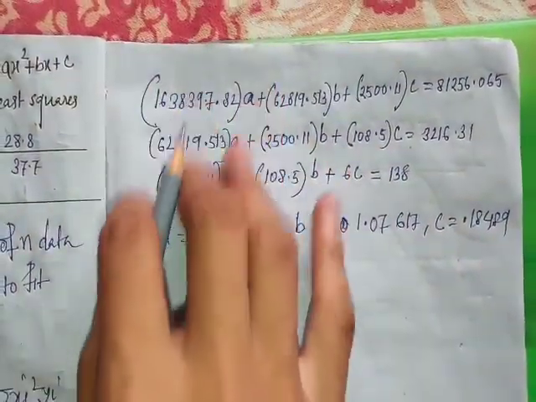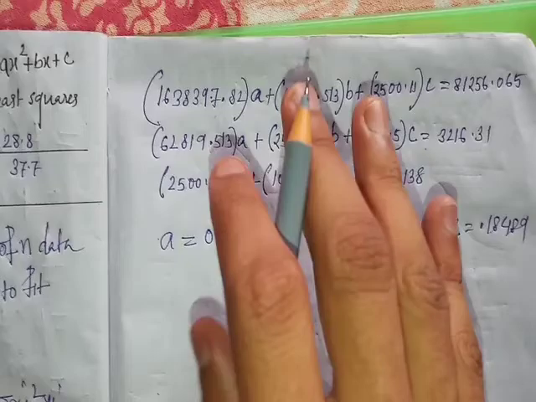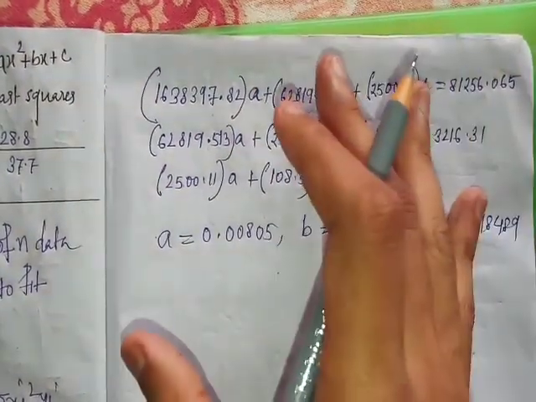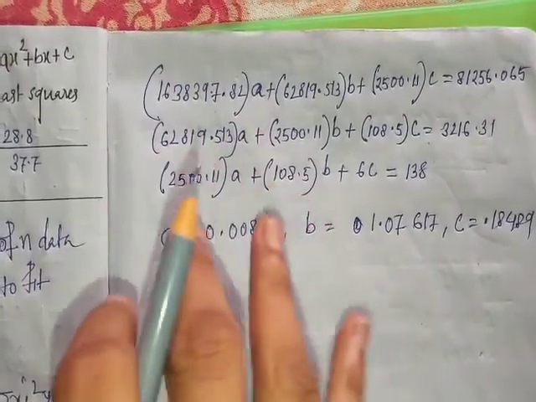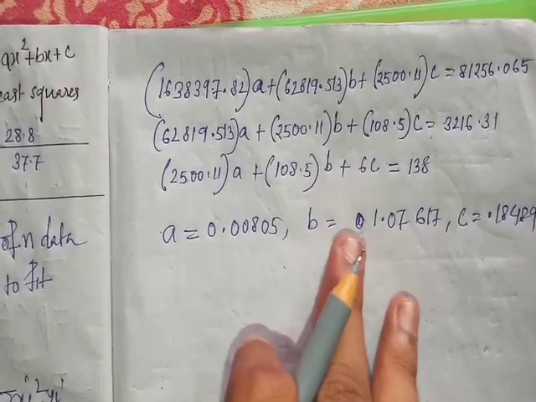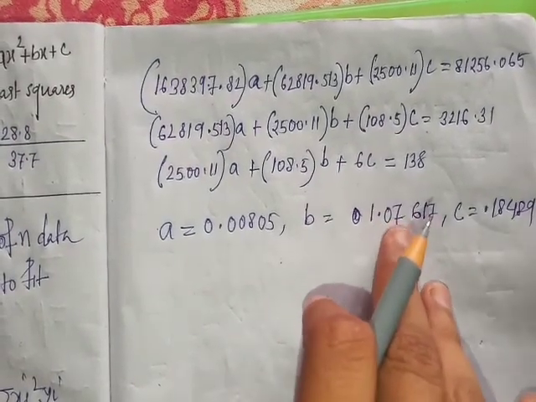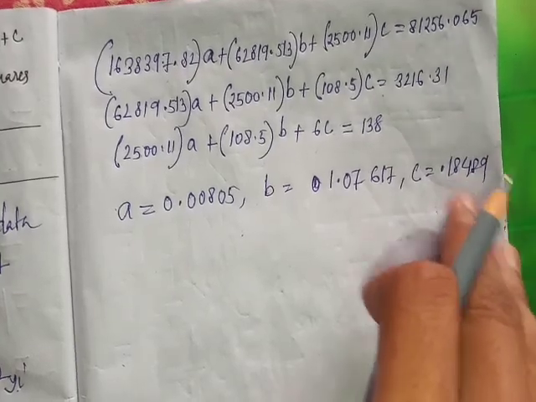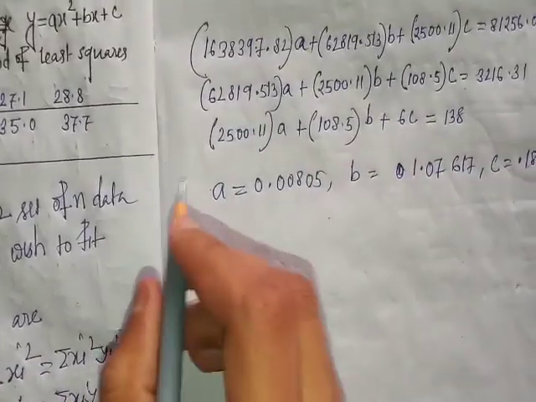So solving these normal equations we get the values of a, b, c. Value of a is 0.00805, b is 1.07617, and c is 0.18489.